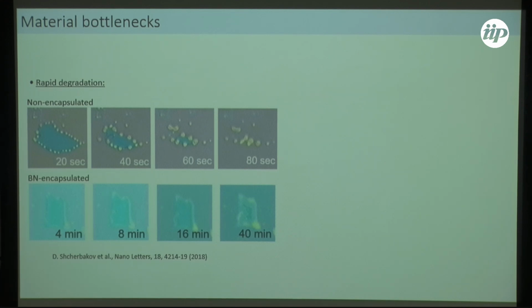It's very crazy. It degrades even in the glove box, even if you encapsulate. The main pathway for the degradation is the substitution of the iodine by water because of the photocatalyst effect. Even if you encapsulate with hBN, within half an hour, it has a problem.